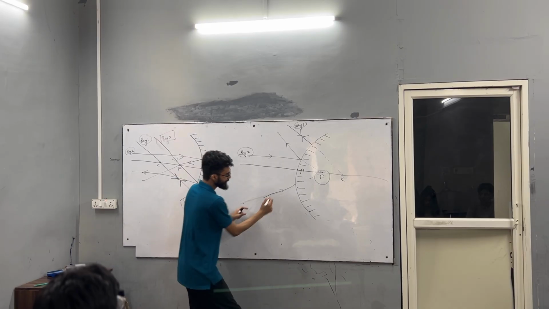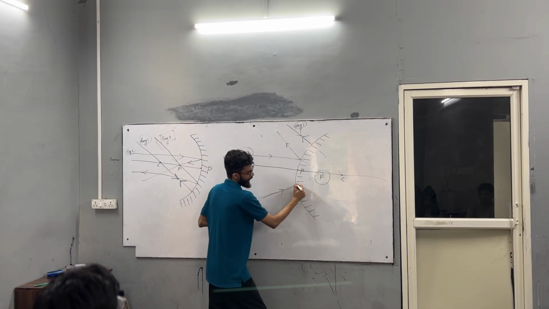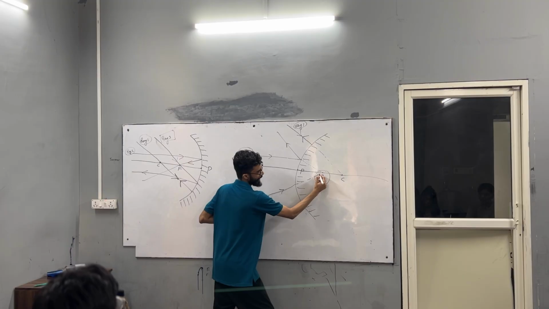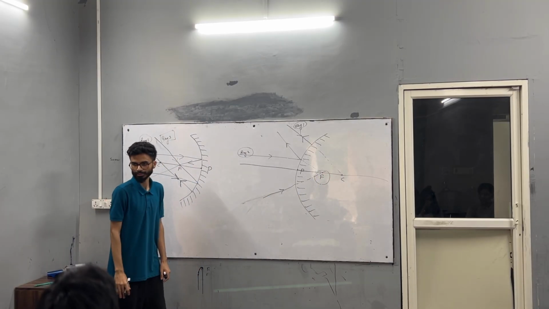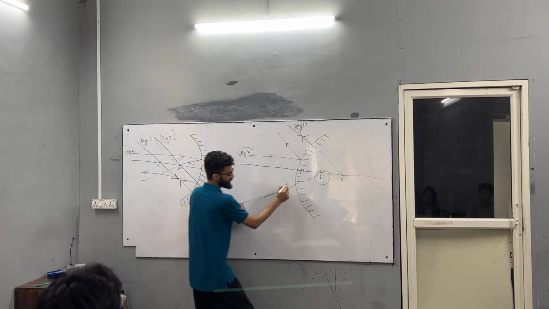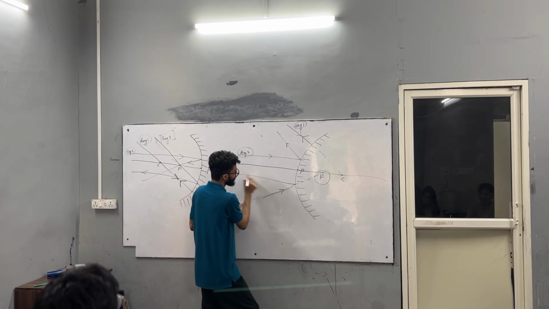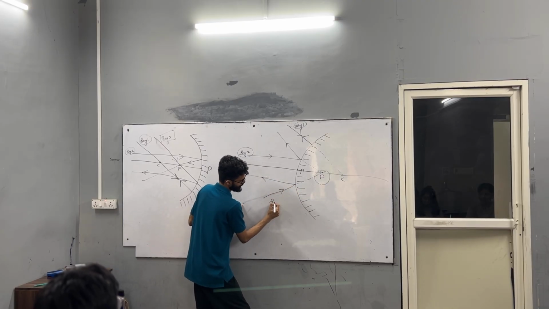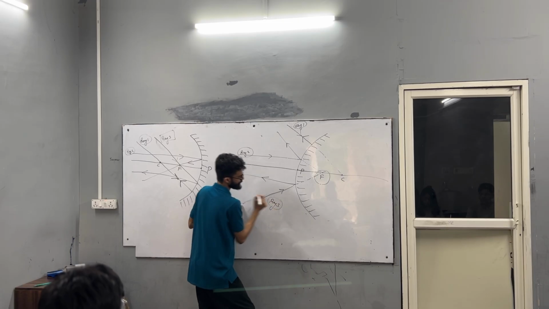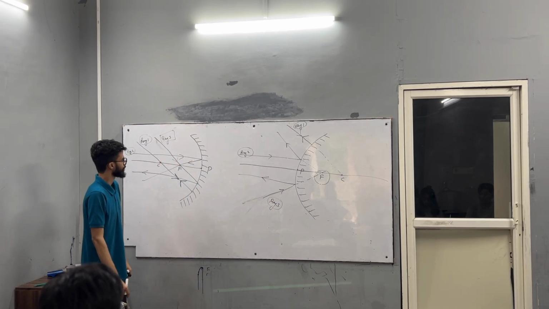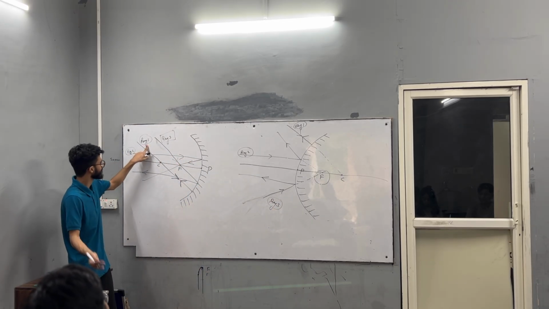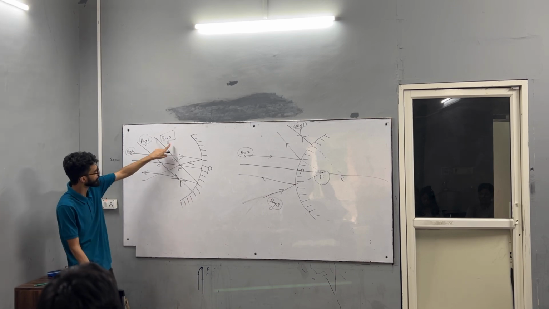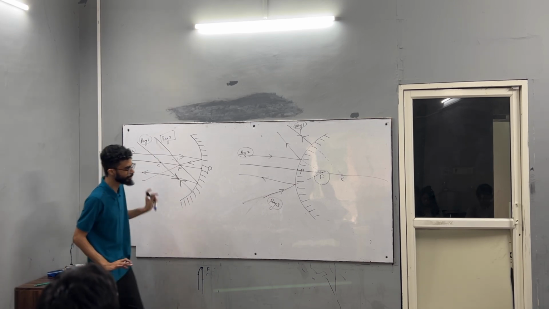Now, is this incident light ray appearing to pass through the focus behind the mirror? So after reflection, this light ray will become parallel to the principal axis. This is my ray 3. Will that do for everyone? So the first scenario is ray 1, the second scenario ray 2, the third scenario ray 3. Is everyone understanding this?